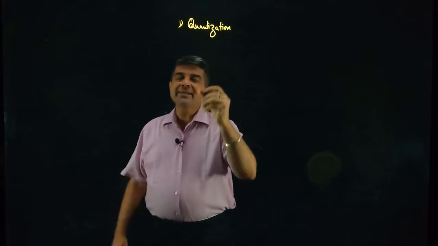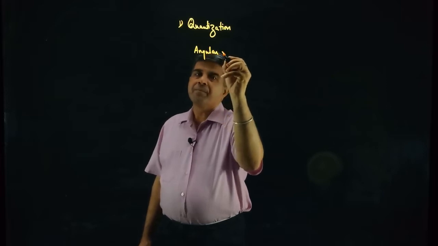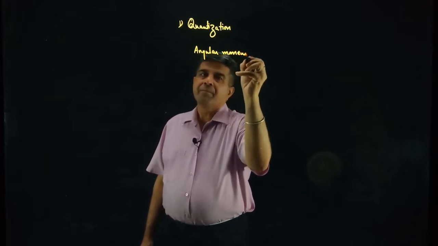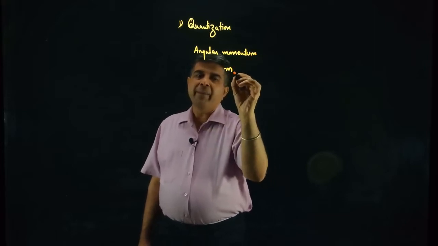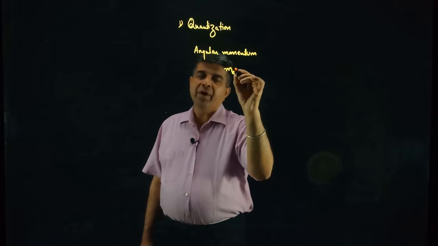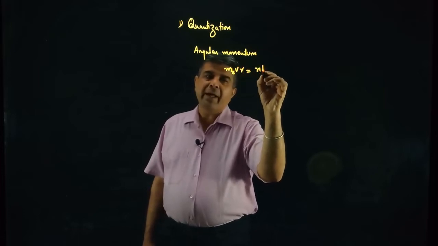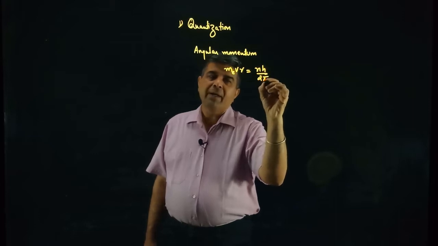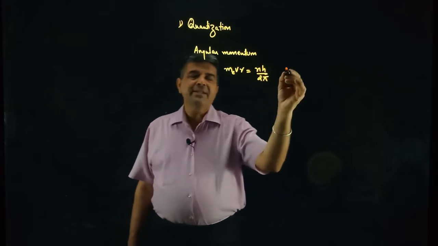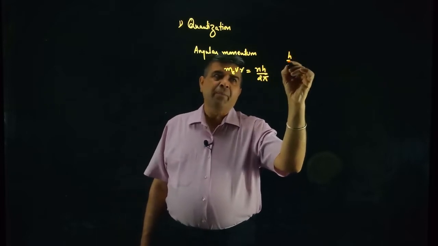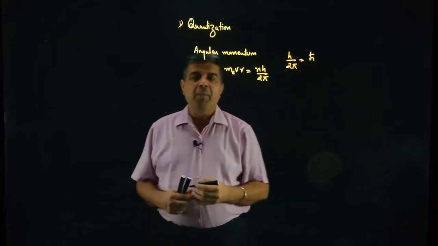Now, the quantized angular momentum is given by m, mass of electron, m v r would be nh over 2 pi, and in my further discussion I would be taking this h by 2 pi as h bar.